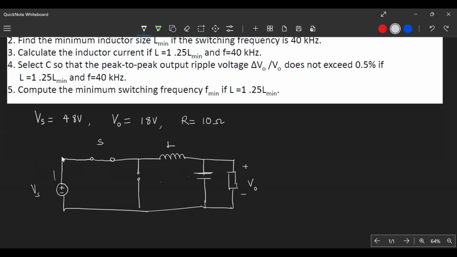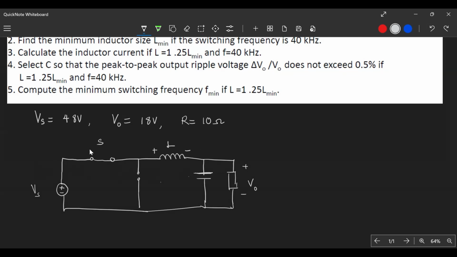The current will just flow from the source to the load, assuming no current flows through the capacitor under steady state conditions. So when the switch is closed, the inductor will charge. Remember that the inductor acts as an energy storage element in the circuit. It stores some energy, so it's going to charge with this polarity.